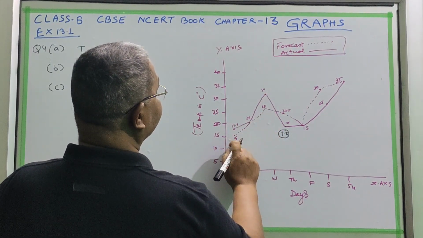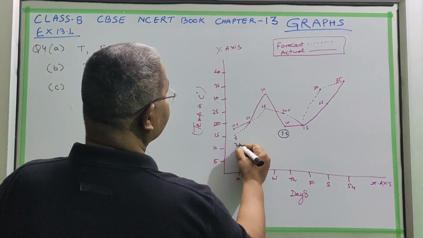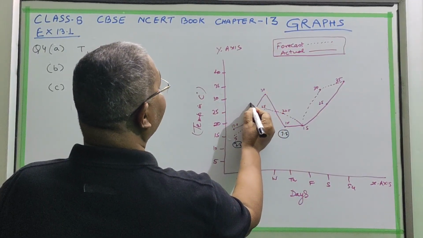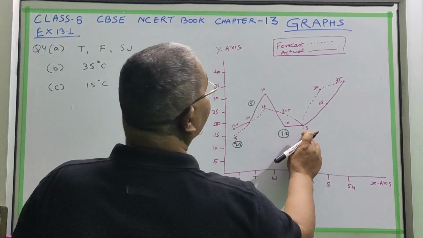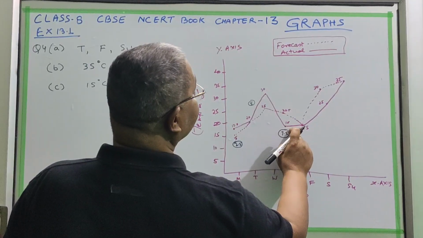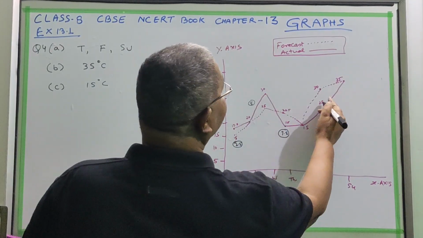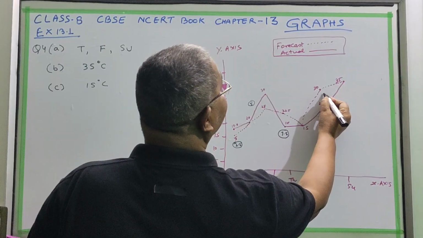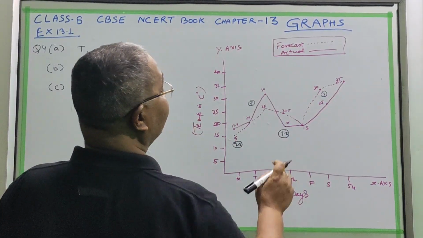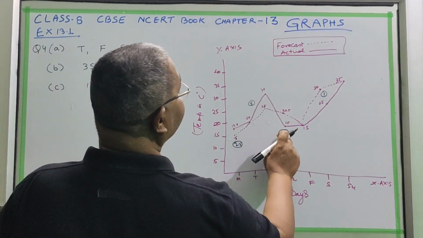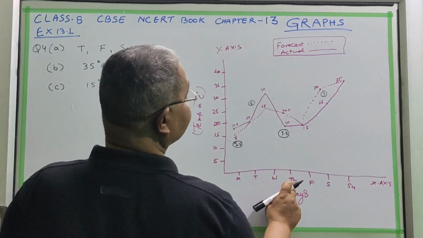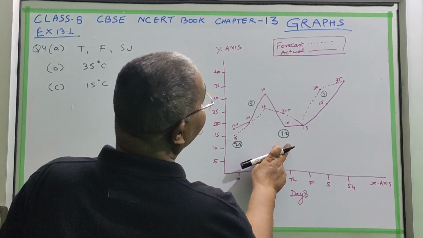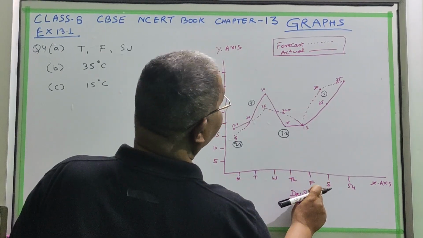Here it is matching. Here the difference is 2.5, so it will not do. Here the difference is 5, so it will not do. Here, 25 and 30, the difference is 5. But at this point, Thursday, it was the highest difference. Okay, this is your Friday.